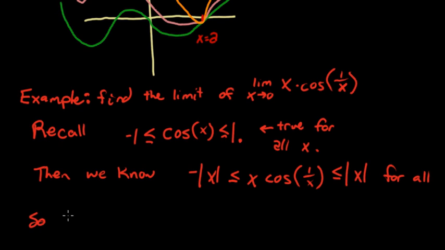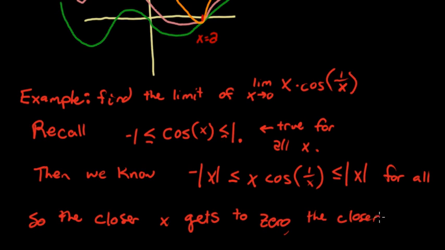So anytime x is bigger than 0 or smaller than 0, this holds true. So we know that the closer x gets to 0, the closer x times the cosine of 1 over x gets to 0.